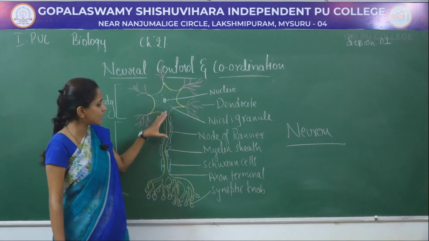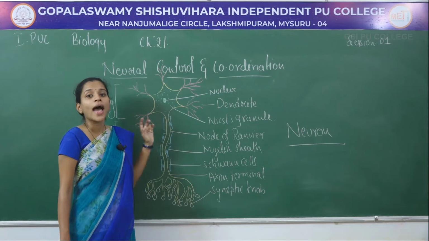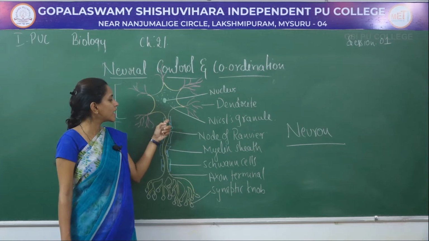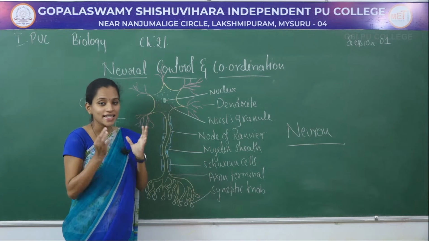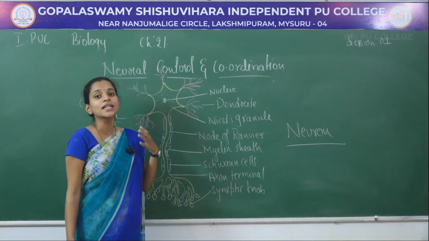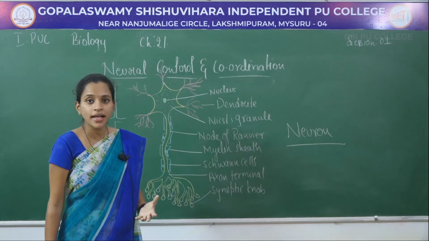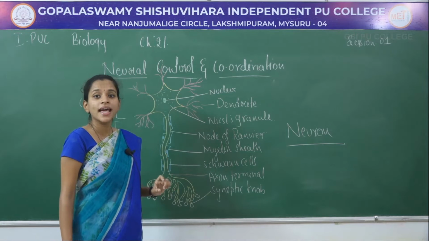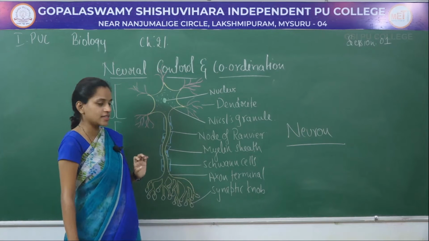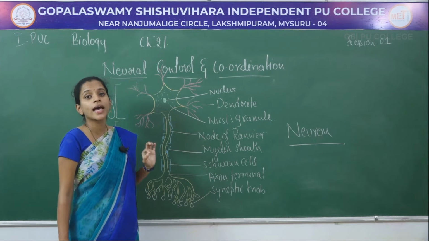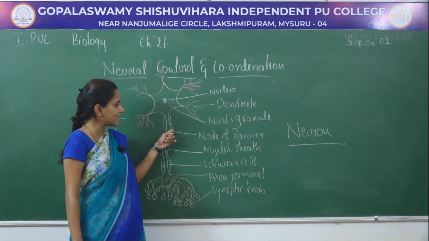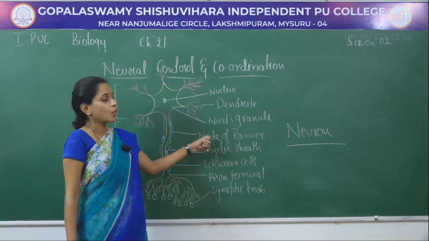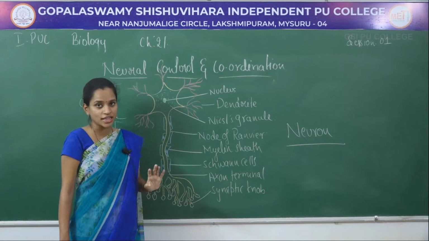The axon has different parts. It includes the myelin sheath, which contains the Schwann cells. This myelin sheath is not spread throughout the axon, but is present at regular intervals. The region where the axon can be directly seen, where there is no myelin sheath, is called the node of Ranvier.